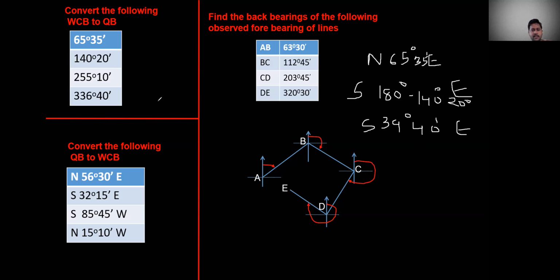In a similar way, for the third coordinate, our formula is to subtract 180 from that value. So here we convert this value into southwest.